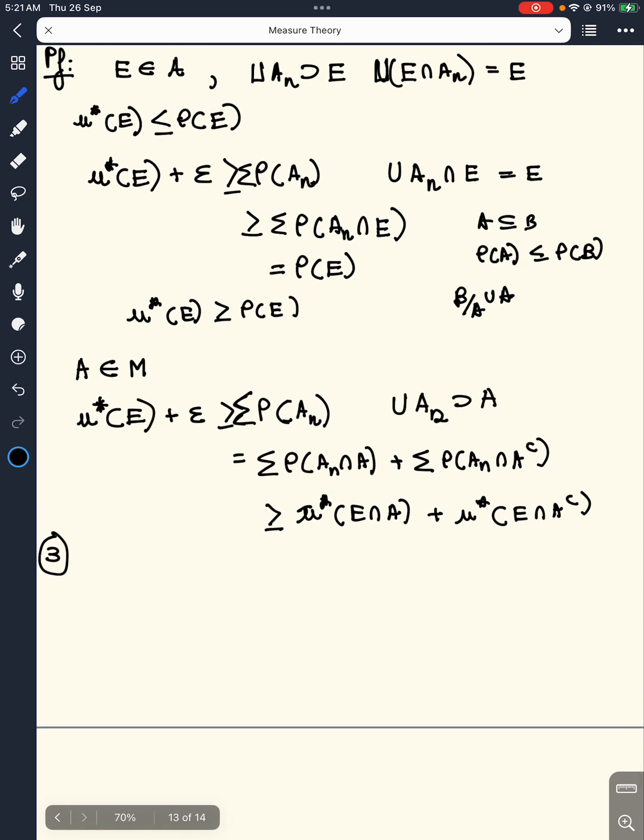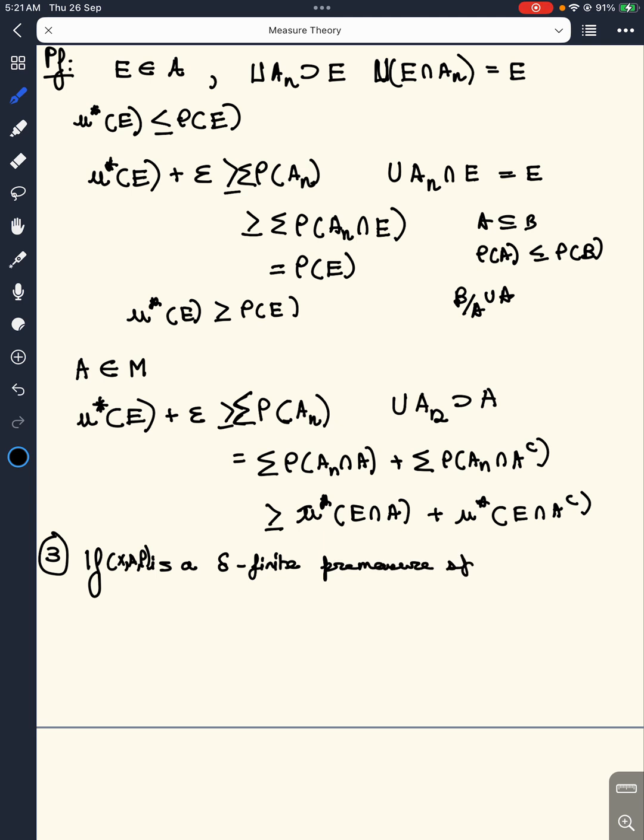Why? Well, if X, A, rho is a sigma finite pre-measure space, let's call this, not a standard notation, pre-measure space.